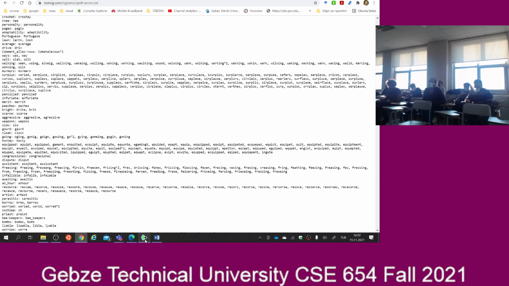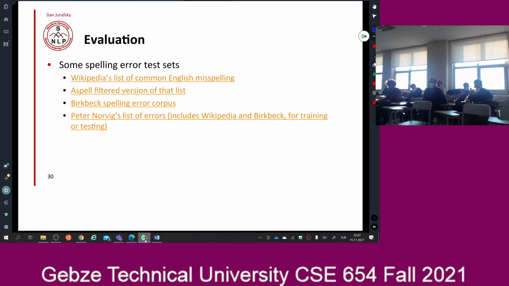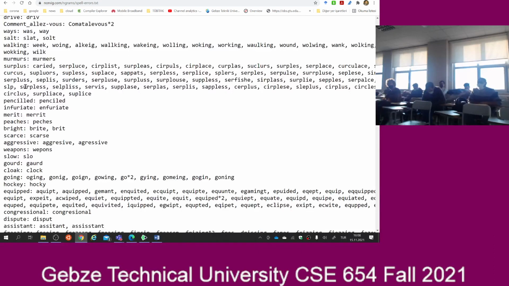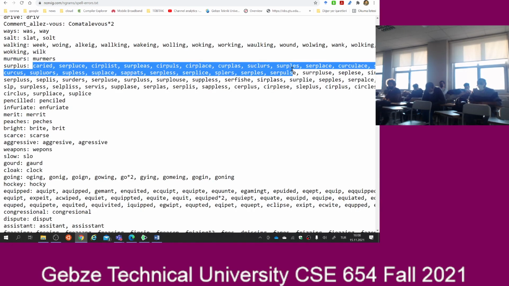So go back to the slide for evaluation. Of course, you are not going to evaluate it by just these words only, right? Because this one ignores the context. But to get those tables, remember those tables? These are how those tables are formed, right? Instead of surplus, people are typing these. So you can get the statistics for, instead of S, people type C. Instead of this, people type this and that.